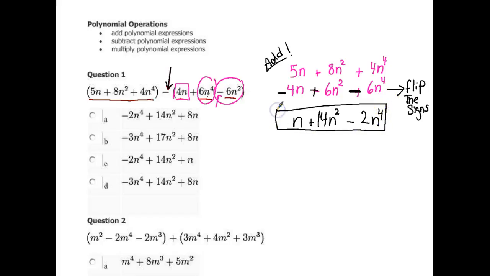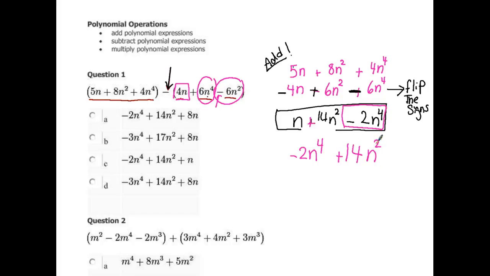But in most cases, we like to arrange the powers from greatest to least, or in descending order. Descending means greatest to least. So the negative 2n to the 4th will be first, plus the 14n squared.